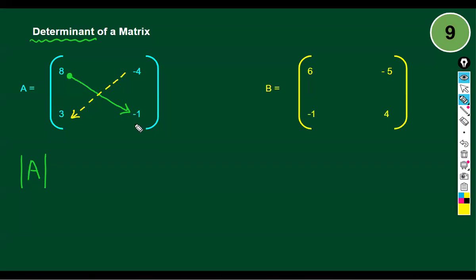The green one is the more important diagonal. I always want you to remember that. He actually has a name. He is called the leading diagonal.